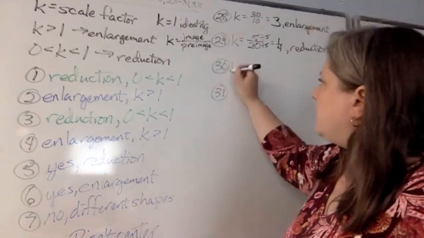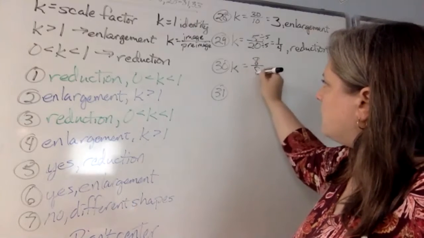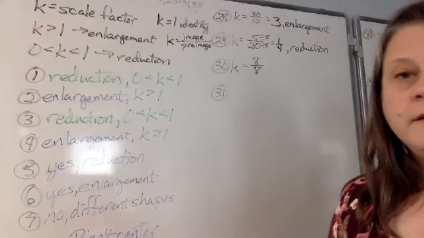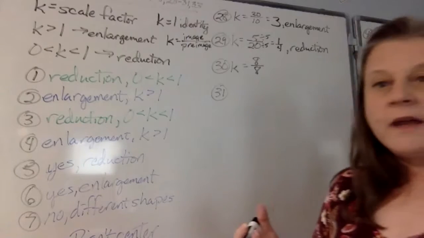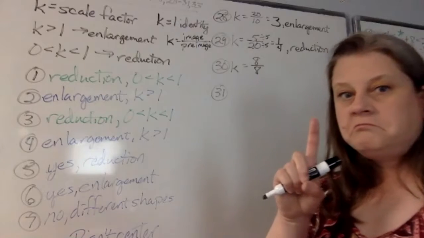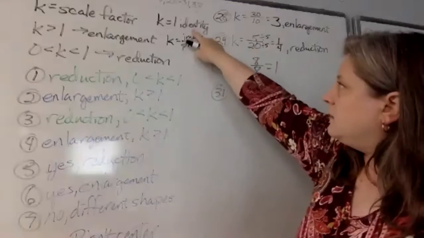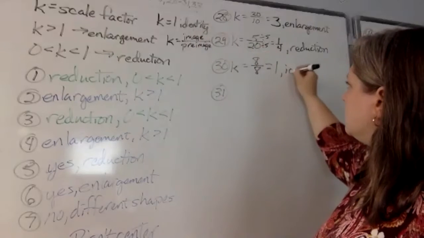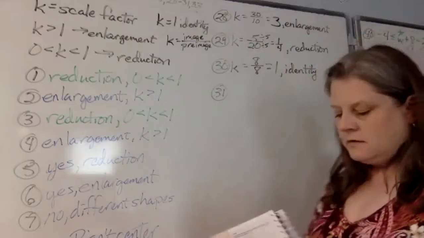But what do you notice about these? They're the same number, right? So 8 over 8 is just 1. So it's an identity dilation.